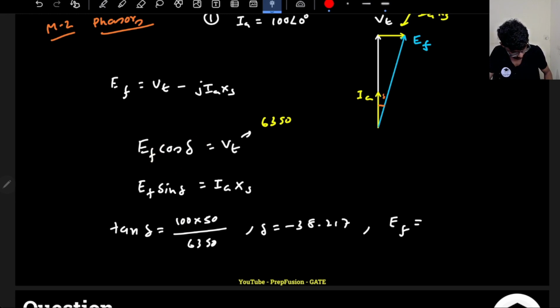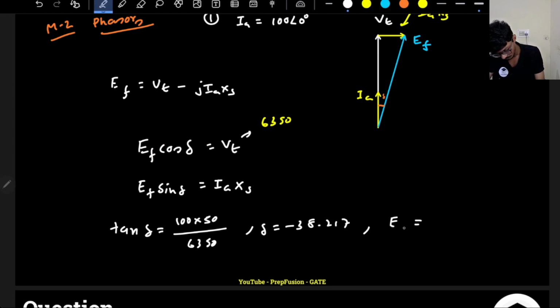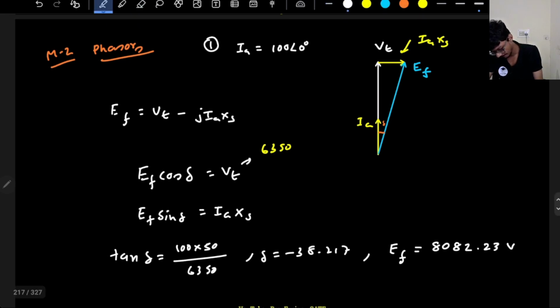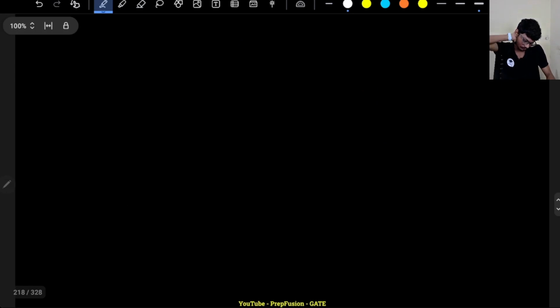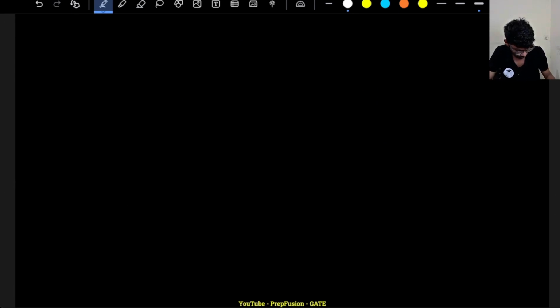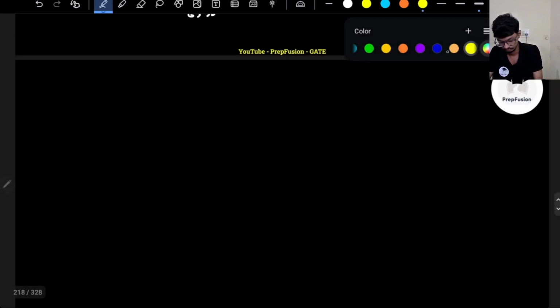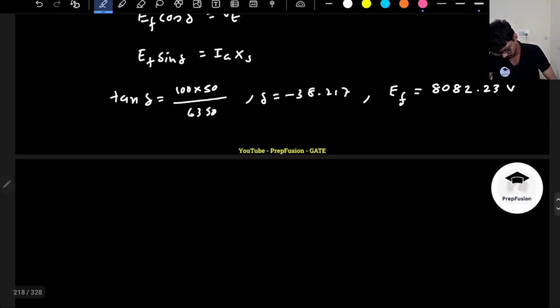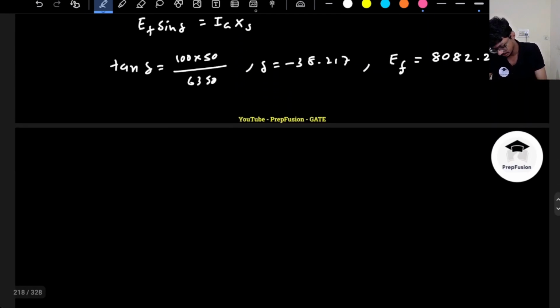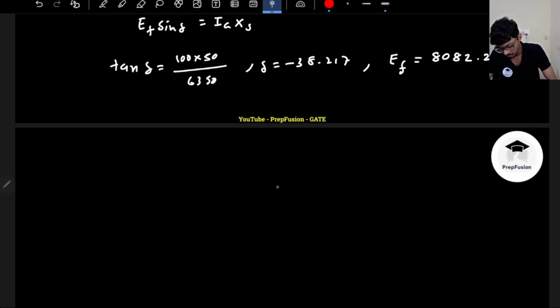So EF will be this times cos inverse into 6350, 8082.23. So EF equals 8082.23.